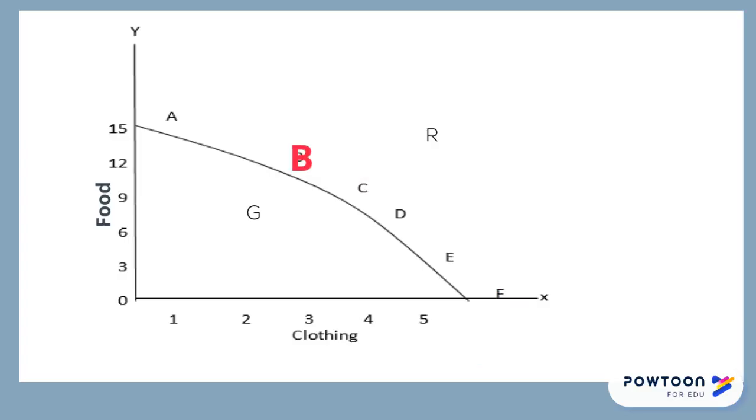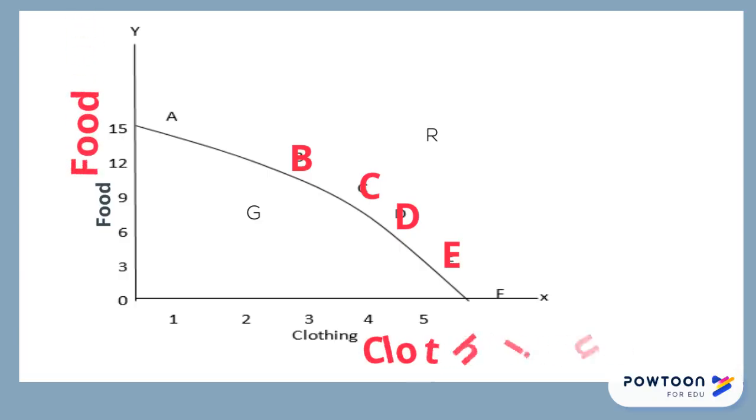Points B, C, D, and E represent various combinations of both food and clothing.